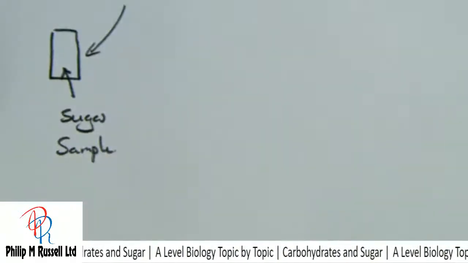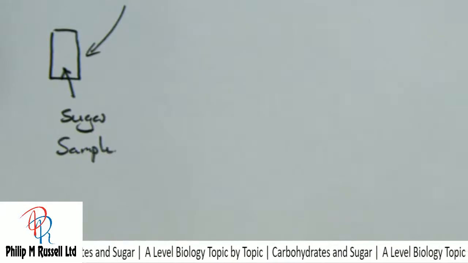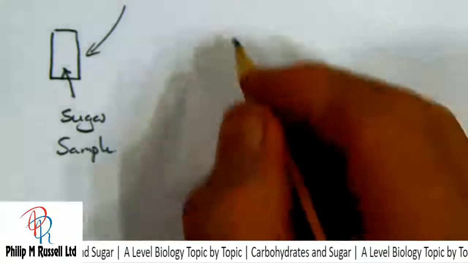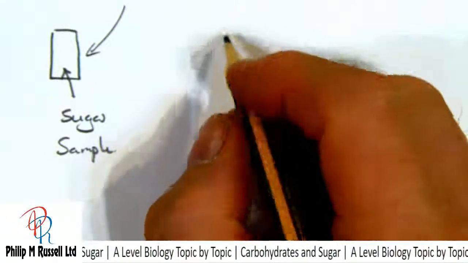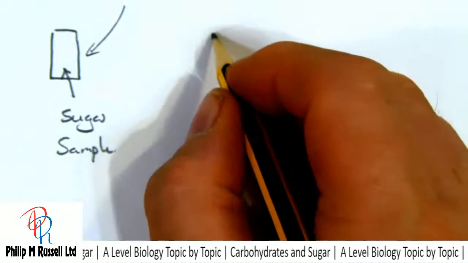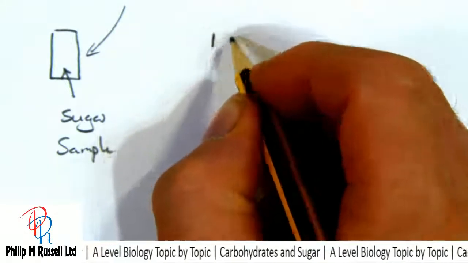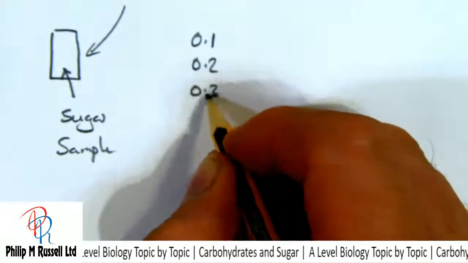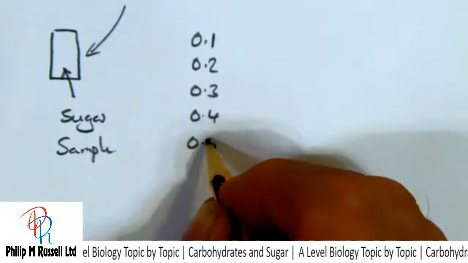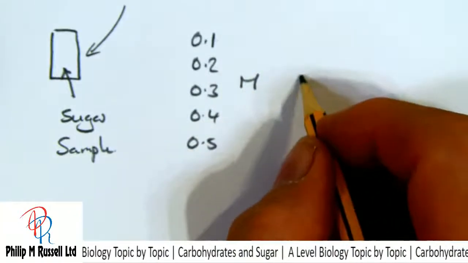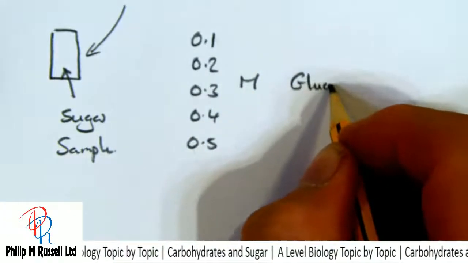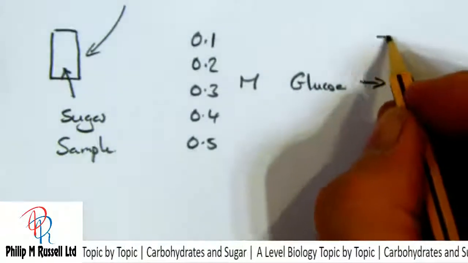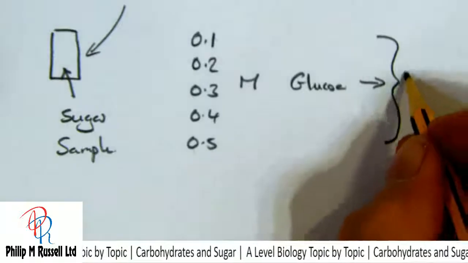Not any help. So what we do is we do a whole series of sugar tests. So I make up 0.1, 0.2, 0.3, 0.4, 0.5 molar amounts of glucose solution, and to all of these we do the Benedict's test.